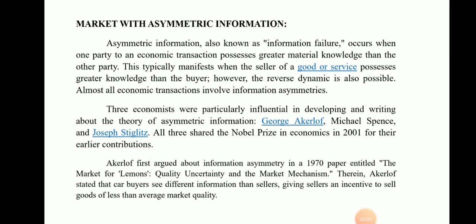Dear students, we will discuss something about markets with asymmetric information. Asymmetric information, also known as information failure, occurs when one party to an economic transaction possesses greater material knowledge than the other party.